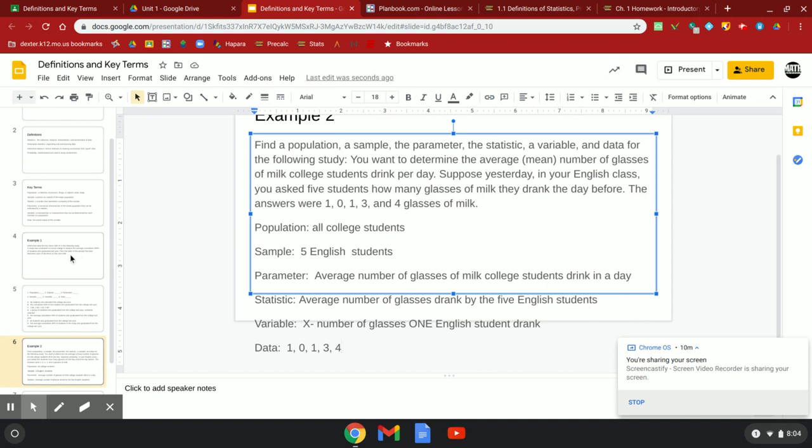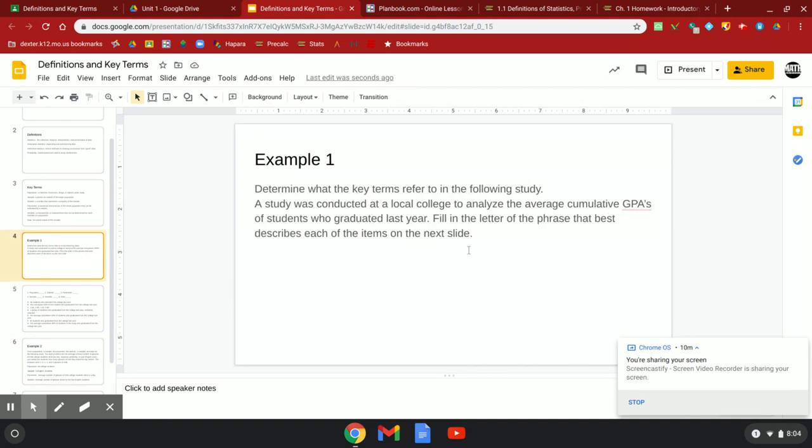So I'm going to have you guys go back and do example 1. Okay, so there was a study conducted of local college students to analyze their average cumulative GPAs of students who graduated last year. So they're only interested in those. Fill in the letter of the phrase that best describes each of the items on the next slide.